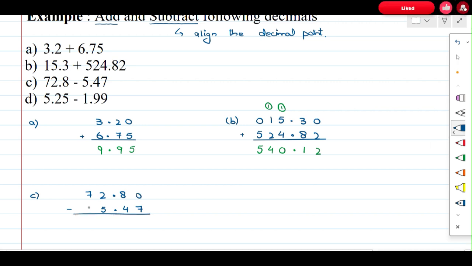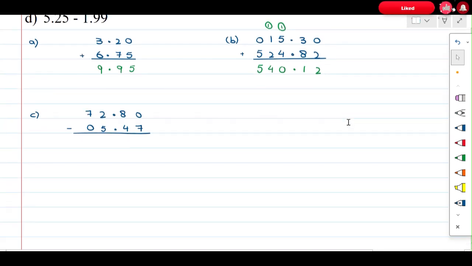We have 0 over here and 0 over here. When there is nothing, it's 0, right? From 0 we cannot take away 7, so we need to borrow from 8, 7 is left over here, and give 1 to this 0, which makes 10. From 10 take away 7, which is 3, and from 7 take away 4, which is 3.